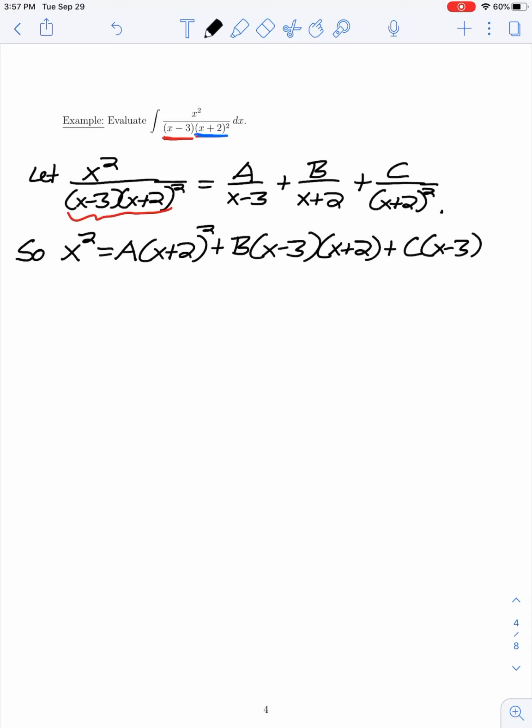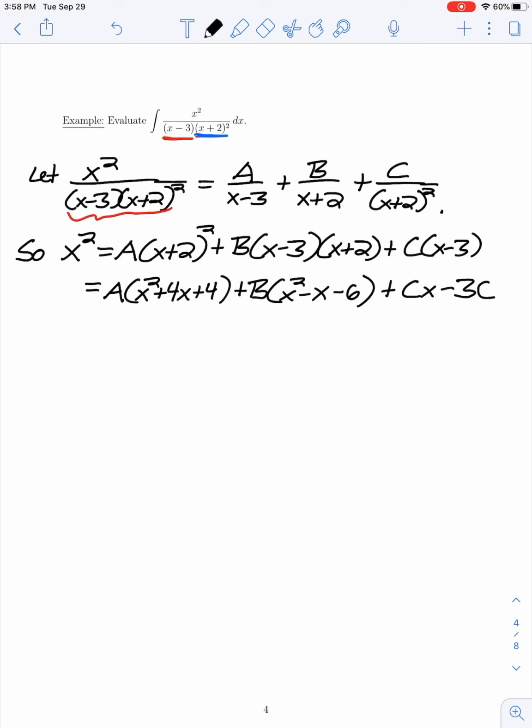So, as we did in our last example, in order to solve for a, b, and c, let's try expanding this expression on our right-hand side. So expanding, I would have a times (x squared plus 4x plus 4) plus b times (x squared minus x minus 6) plus cx minus 3c.